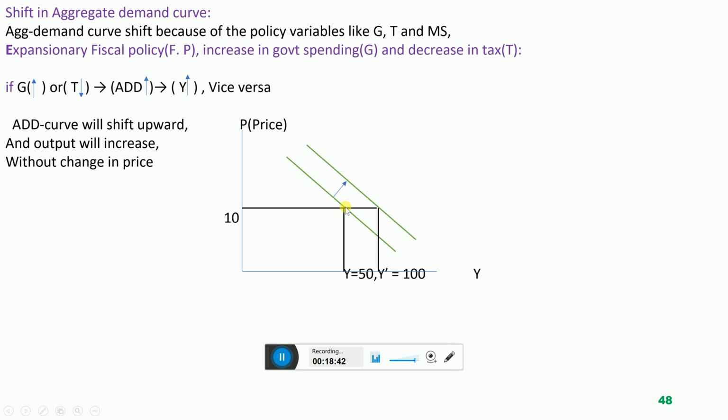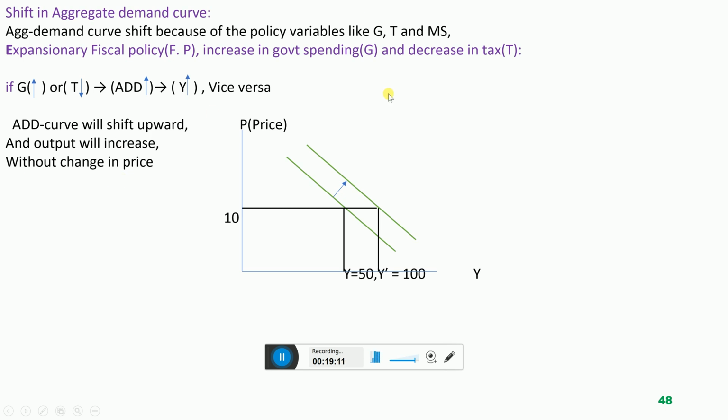This green line shifts from this position to that upward position. This is the new aggregate demand curve, AD2. This arrow means the original aggregate demand curve is shifting upward. So price remains the same and output increases from $50 million to $100 million. It means the aggregate demand curve will shift upward and output will increase without change in price.